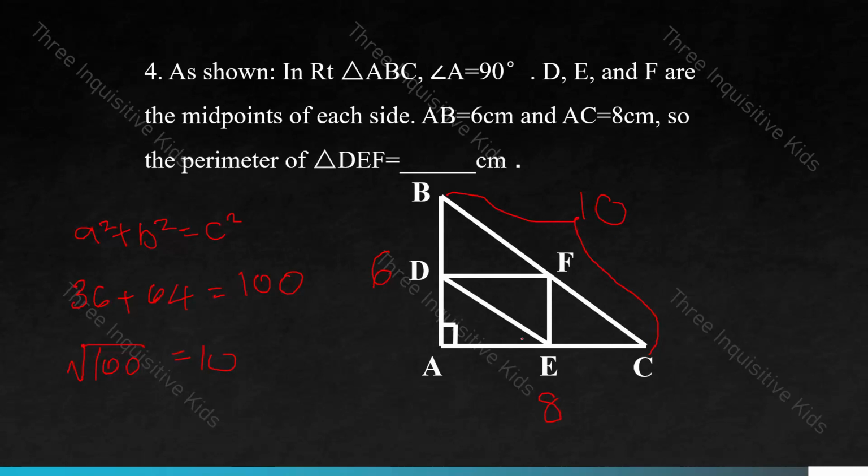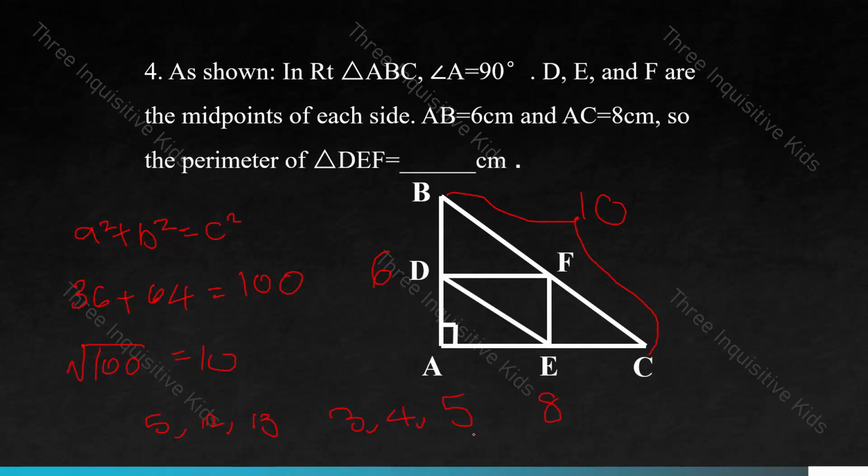Now, this isn't the only way we could have solved it. If you're somebody who's really skilled with the Pythagorean theorem, you should know that there are two very common sets of numbers that come up when dealing with the Pythagorean theorem. One is 5, 12, and 13, and one is 3, 4, and 5.